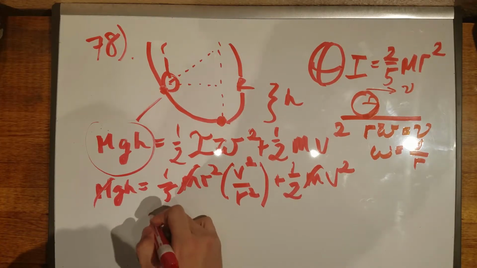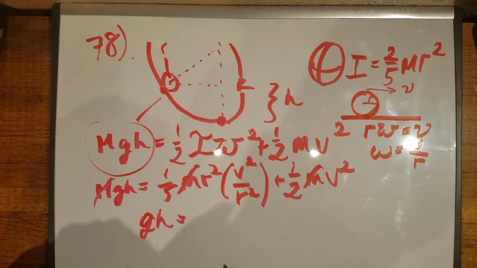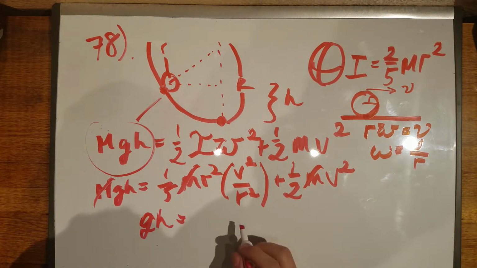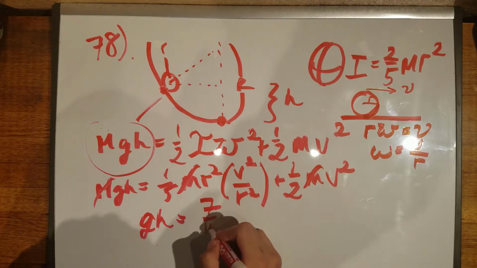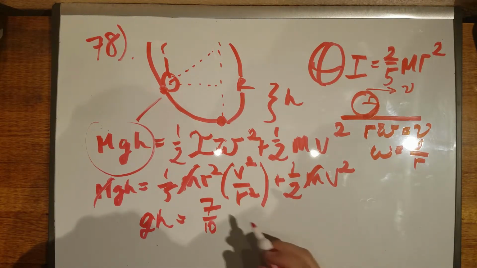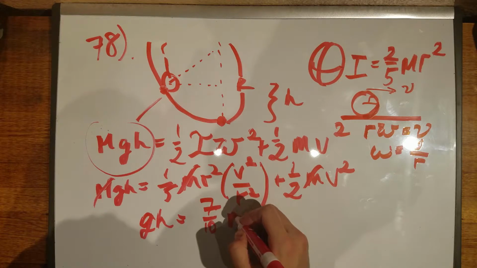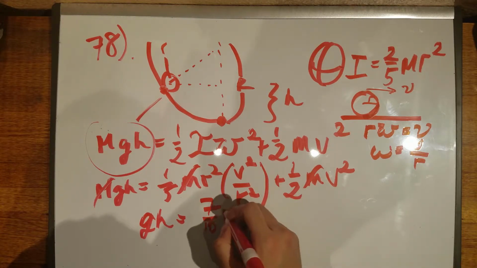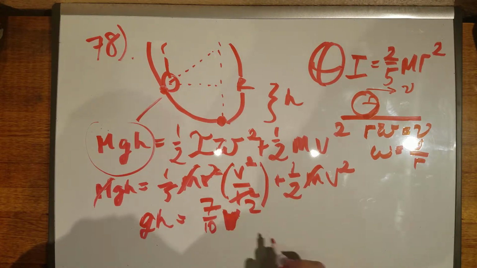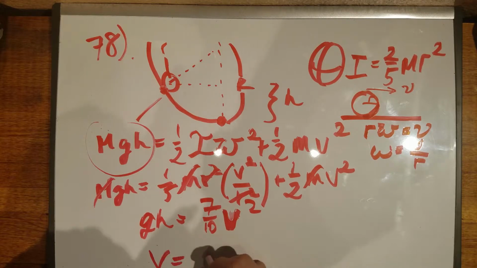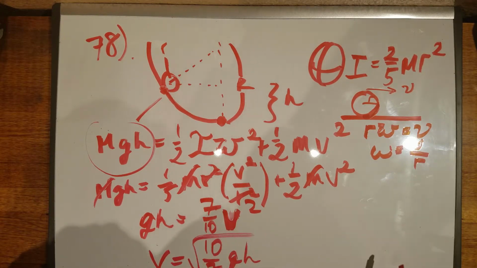Cancel out all the m's, and you get gh equal to 1/2 plus 1/5, which is 5/10 plus 2/10, 7/10 v squared, or v squared, my bad. And then your velocity is equal to the square root of 10/7 gh.